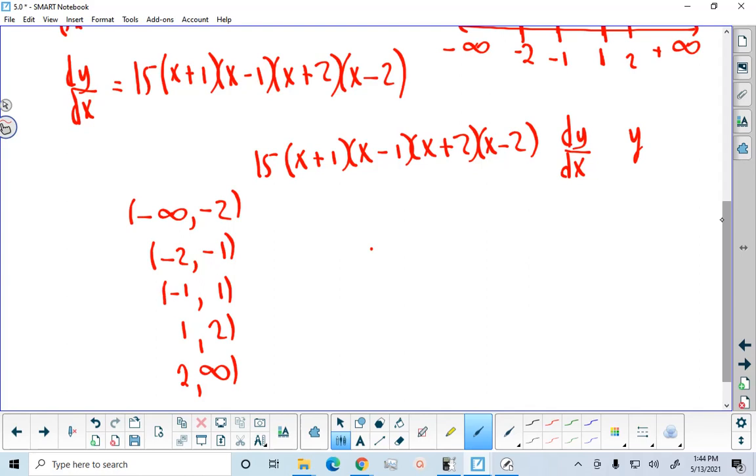So a couple of comments here. You've got a lot of things to fill in. You have to fill in 20 different signs in this chart: 5 intervals for x plus 1, where I'm going to throw the 15 in, 5 intervals for x minus 1, 5 for x plus 2, 5 for x minus 2, and then you're going to have to complete the chart. So I'm going to give everybody a minute to fill those in, and then I will show you what I get.